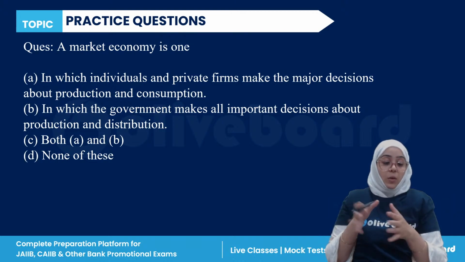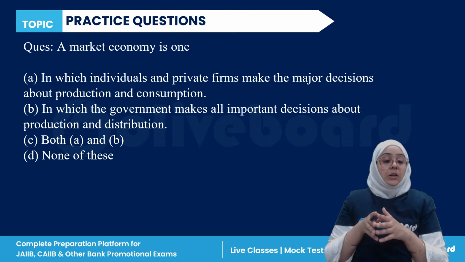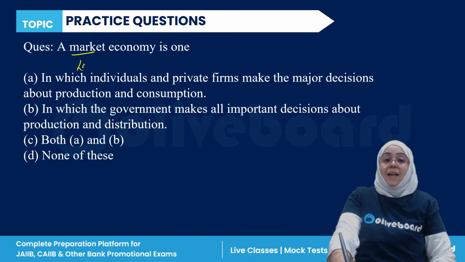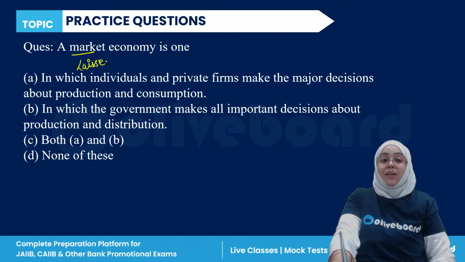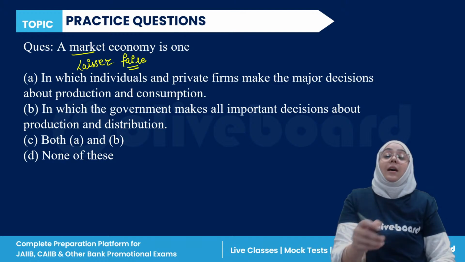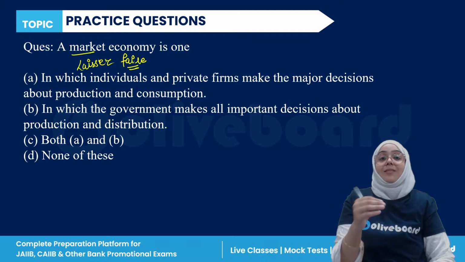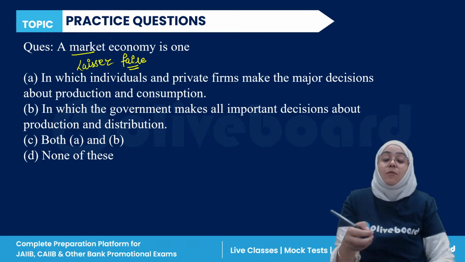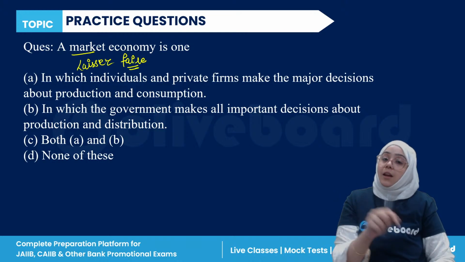Very easy. Okay, Harshal is saying A. Very good. Yes, so market economy means laissez-faire. Just now I have explained that it is used for the economy where government interference is very less. When government interference is very less, automatically the individual and private sectors dominate the economy.